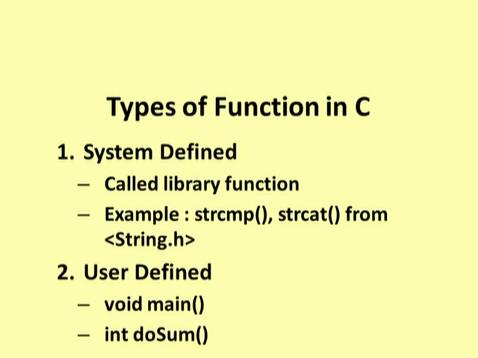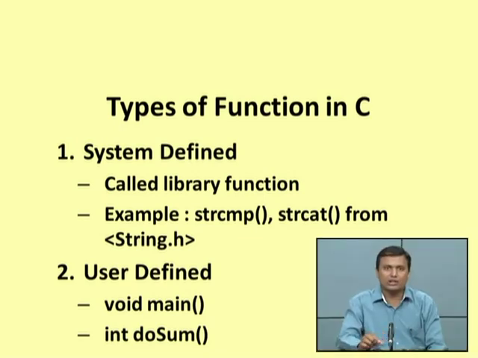The point number 2 is the type of function. Here in the previous slide we discussed the user defined and the system defined. System defined means the C language or your C compiler contains various routines, various functions. We have to directly use that function, and those are called system defined functions. And to use that type of functionality, we have to include that library. So we are mentioning include stdio.h or include string.h.